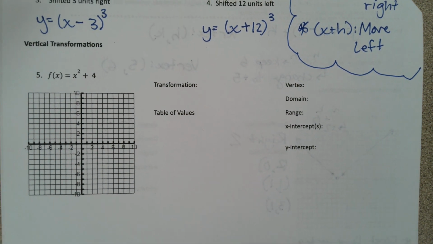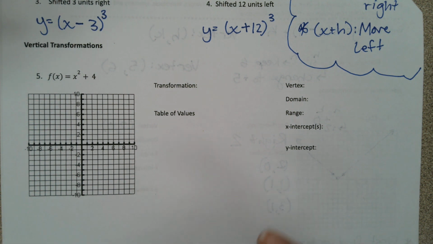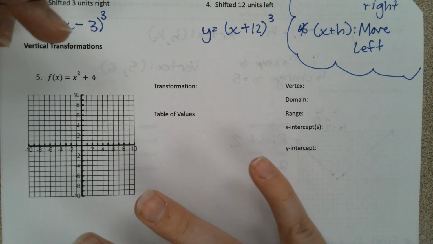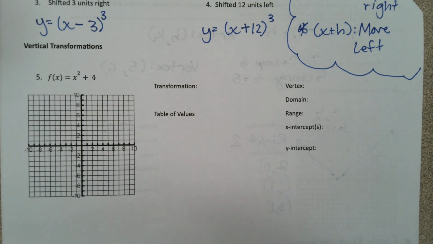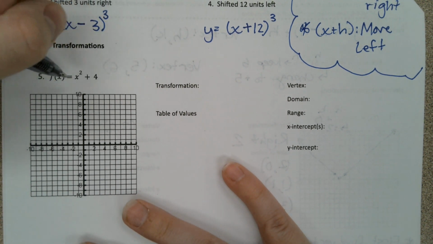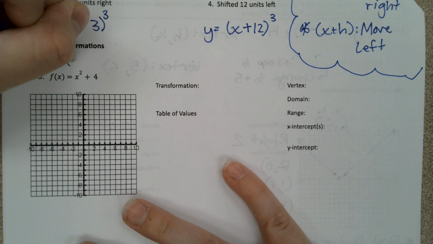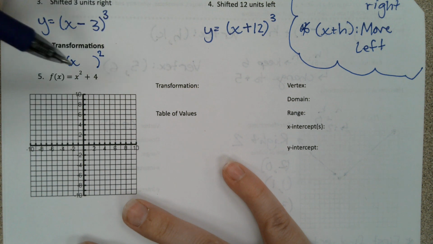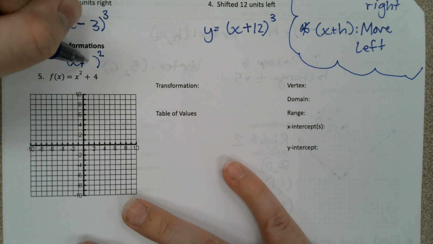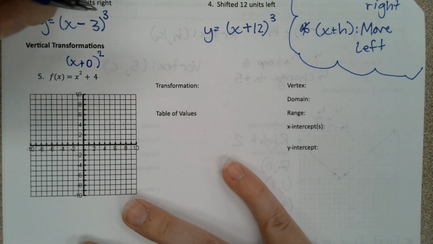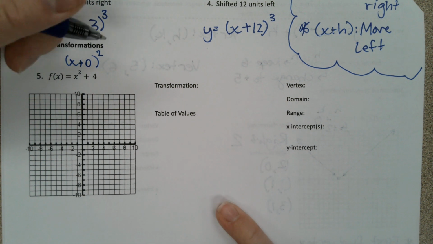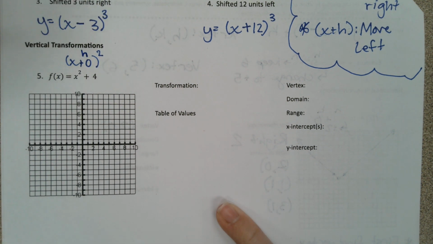Now let's get into vertical transformations. So again, first thing we want to do is find the vertex. Now this is something that once you've seen it side by side, it makes more sense, but maybe at first this is a bit confusing. We don't have an h here because we don't have x with something in parentheses squared. So this would be like x plus 0 because there's no extra number in there. So we don't have an h, so h is 0.